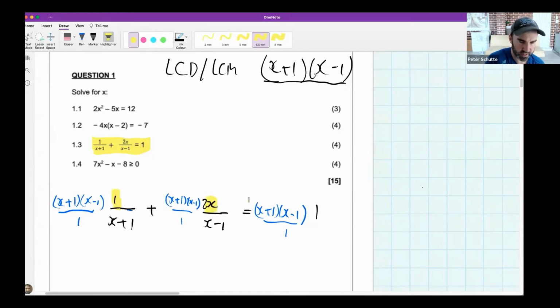So in some ways, it's interacting with this thing at the top. However, the whole point of an LCD is to wipe out the fraction. And so what we would say is that x plus 1 over x plus 1 is going to be the same as 1. Well, basically, they're equivalent. It makes it go away.